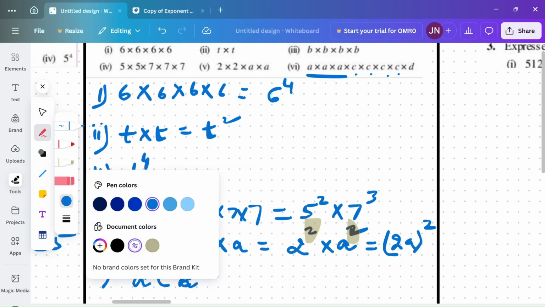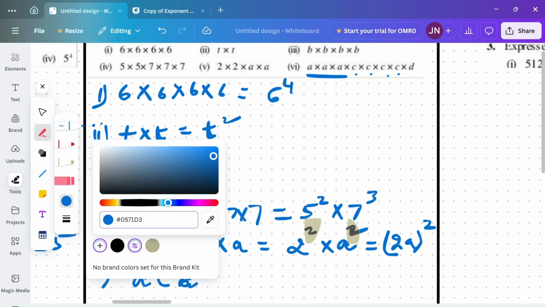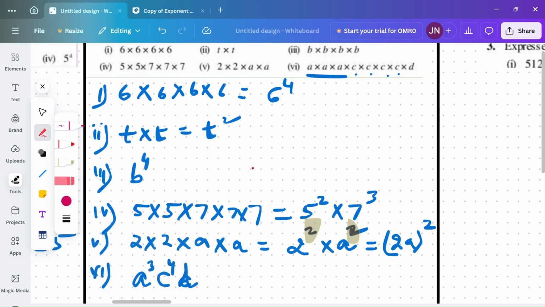Those who have not done algebra, here I want to mention something. Children, when you have no sign or operation between a number and a variable or between two variables, then we consider it to be multiplication. This is nothing but the multiplication form of these variables, okay, these numbers. So easy, isn't it?